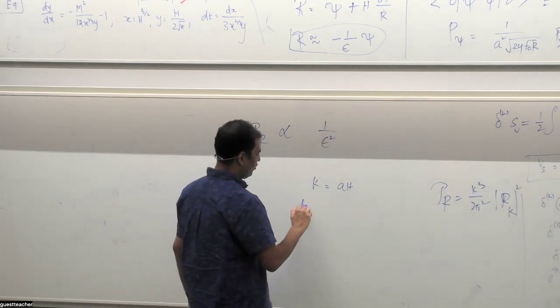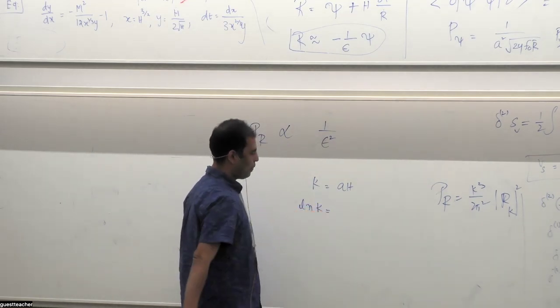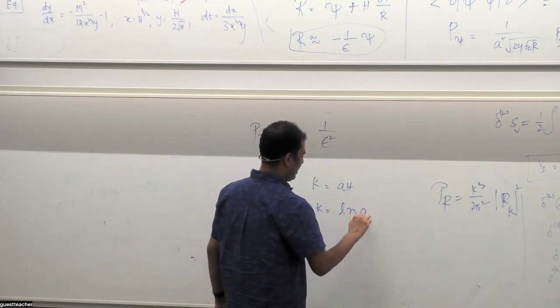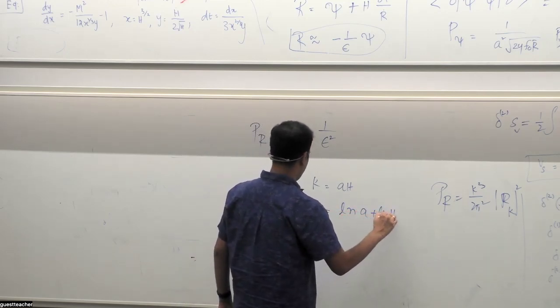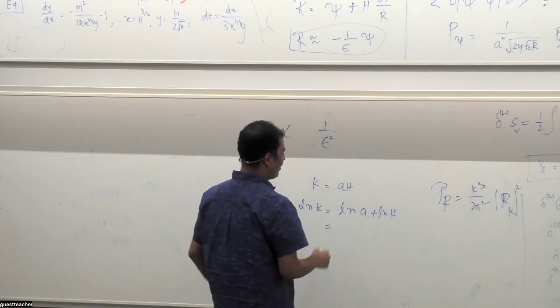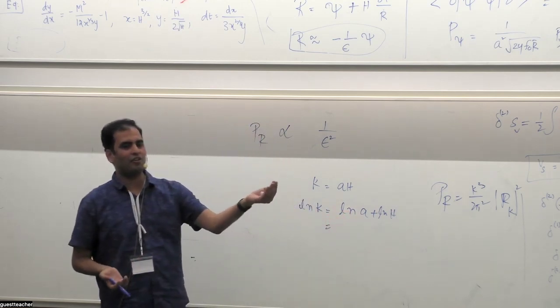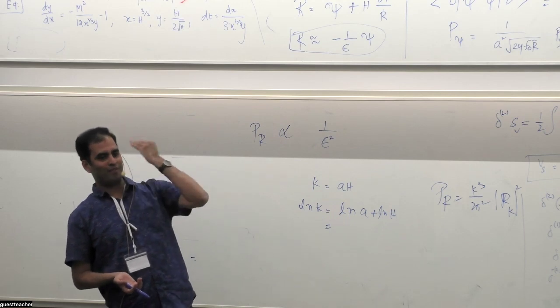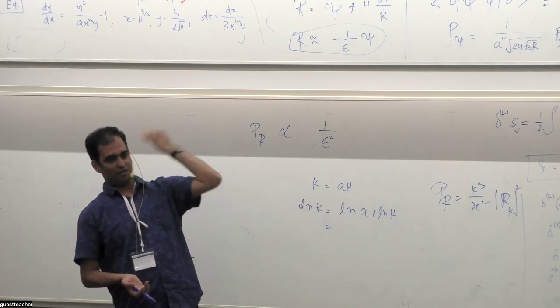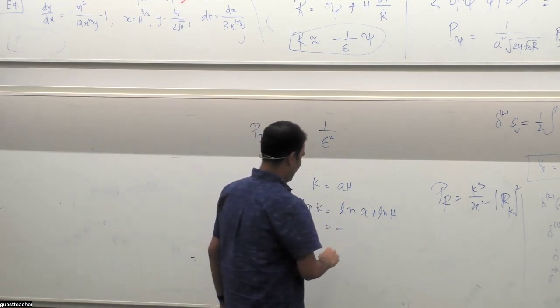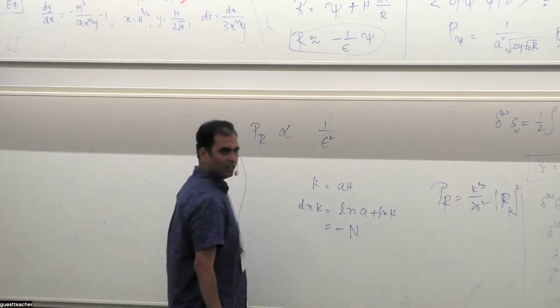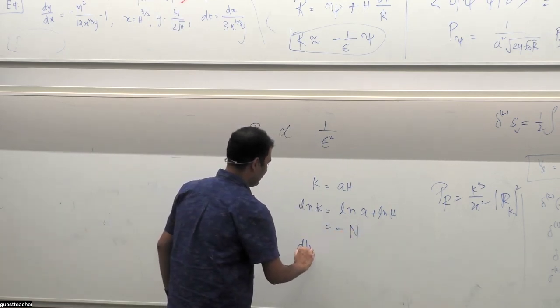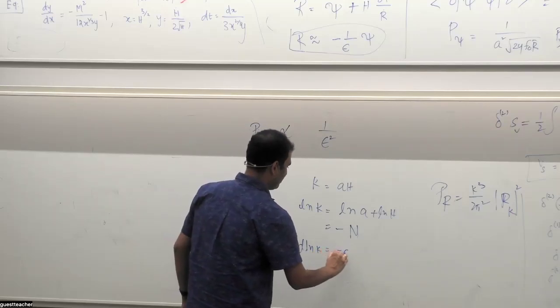And you look at the logarithm of k, the logarithm of a, and the logarithm of H. Normally you count the number of e-folds from the end to the beginning, so you write it with N. Then d ln k is minus dN.